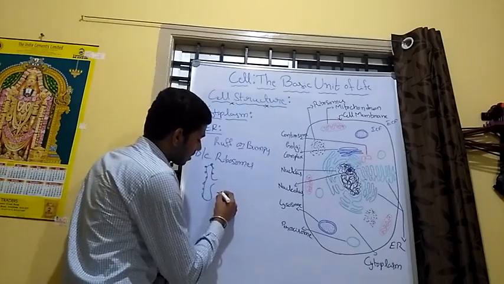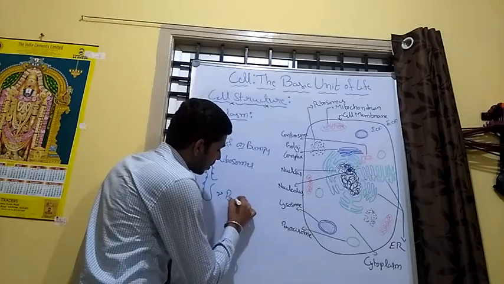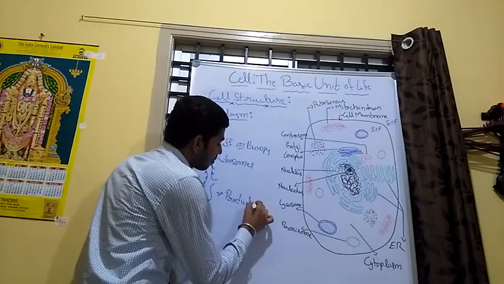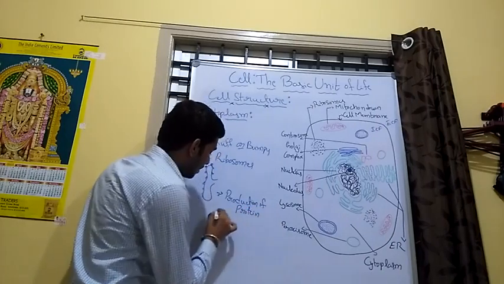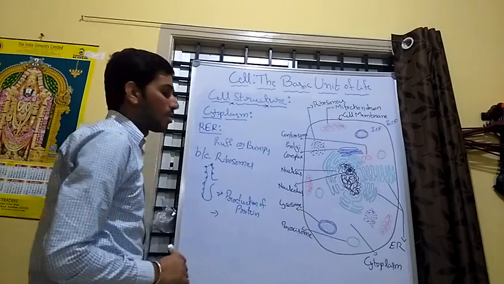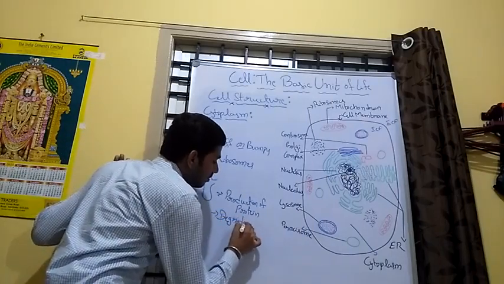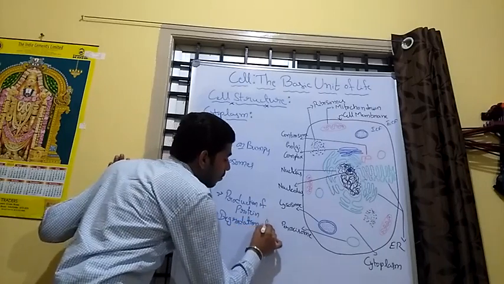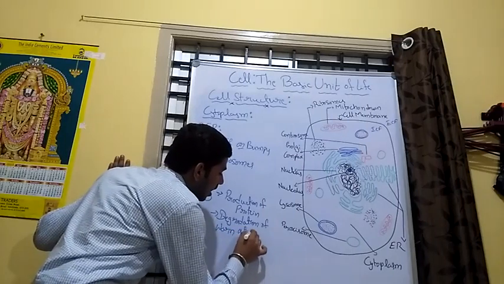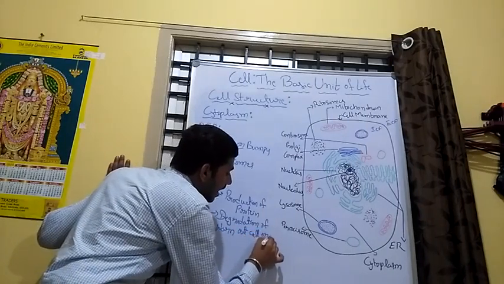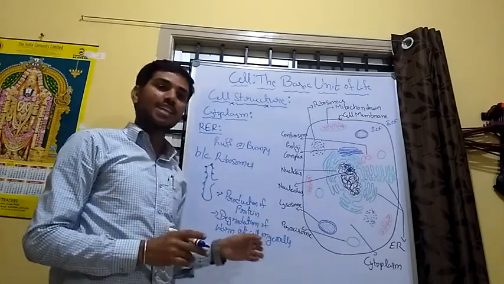Now, what is the function? The main function of the rough endoplasmic reticulum is the production of protein. And the second most important function of the rough endoplasmic reticulum is the degradation of worn out cell organelles, or dead cell organelles.